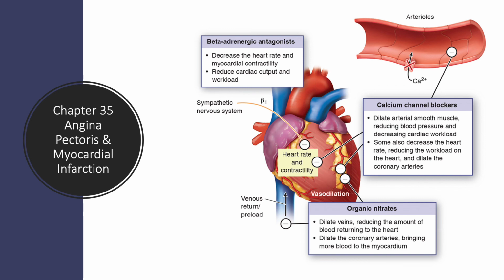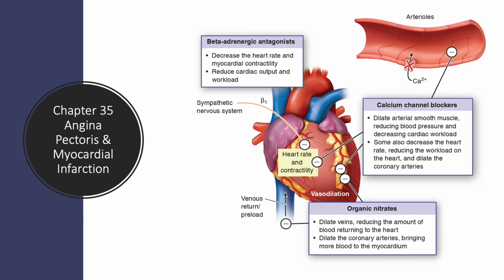Okay, what about calcium channel blockers? Well, they dilate the smooth muscle in arterioles in the systemic circulation, so in the arteries. So they're going to reduce the afterload, the amount of work that your heart has to pump against, which is your blood pressure.